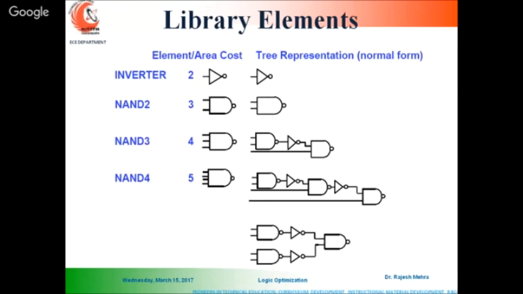Just one inverter is there. You don't have any option. You have to select that inverter. For the 2 input NAND gate that is required in your network, in the software library you have one 2 input NAND gate. You don't have any other option, so straight away here you can't select any other.